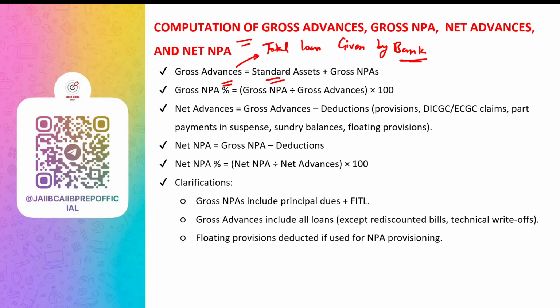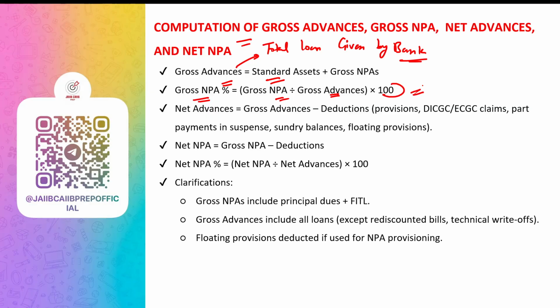So, gross advances include standard assets plus gross NPAs. Now, gross NPAs are the loans where the borrower has stopped repaying for 90 days or more, and it includes principal amount due and interest amount also. Gross NPA percentage is calculated by dividing gross NPA by gross advances and multiplying it by 100.